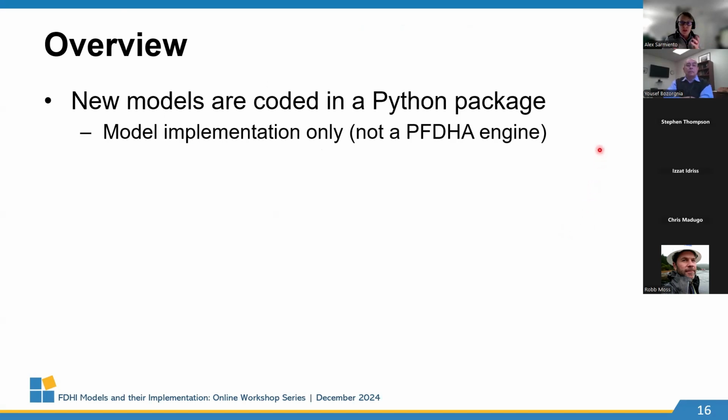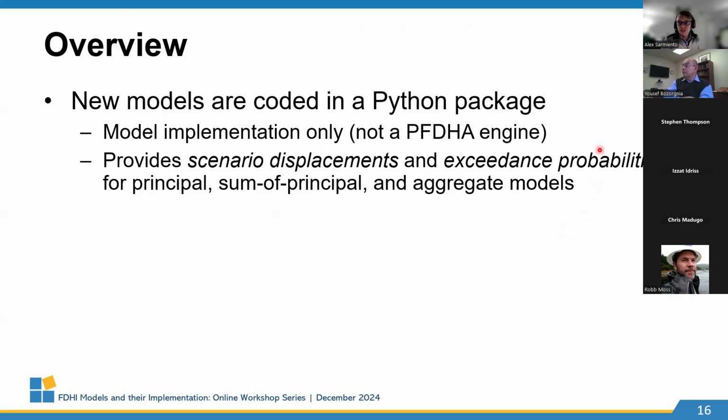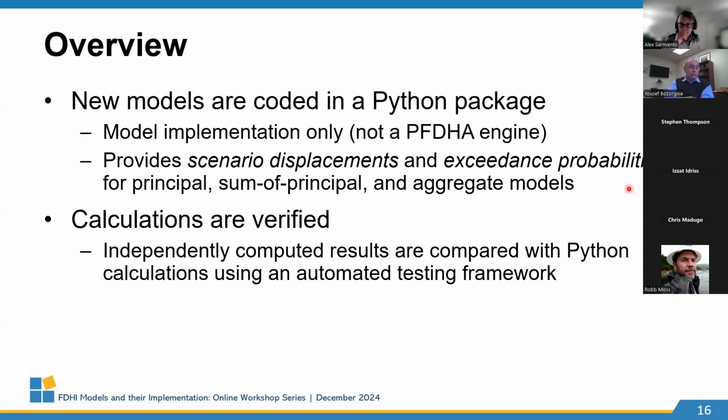So I'll just give you a quick overview right now. What we essentially have is a strict implementation of the models. It's not a probabilistic fault displacement hazard analysis engine. It's just a tool to compute the scenario displacements and exceedance probabilities. And we're focusing on the principal or sum of principal or aggregate models right now. A key feature of the Python package is that the calculation is verified.